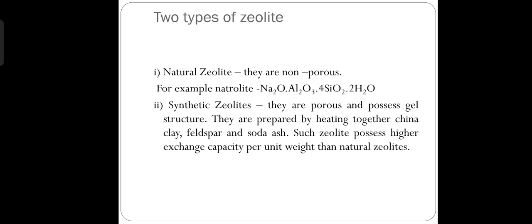They are prepared by heating together china clay, feldspar, and soda ash. Such zeolite has a higher exchange capacity per unit weight than natural zeolite. So these synthetic zeolites are more preferable over natural zeolite.